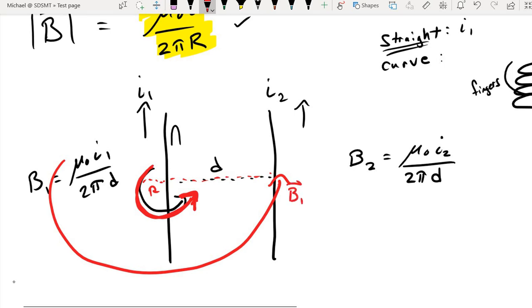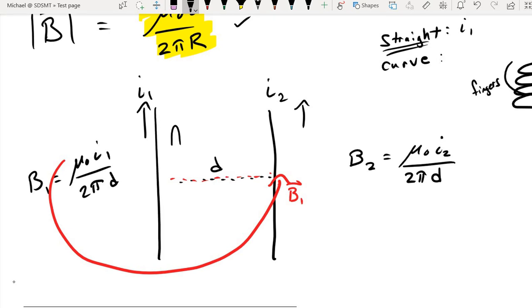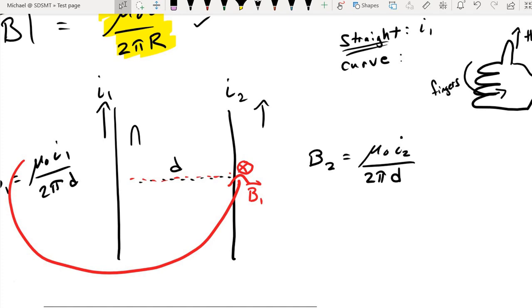And so when field 1 intersects wire 2, field 1 is oriented into the page or into the screen.